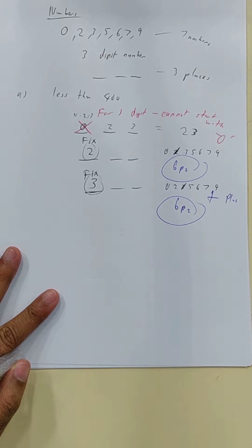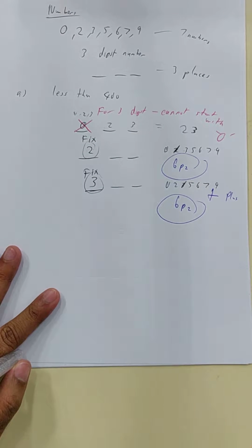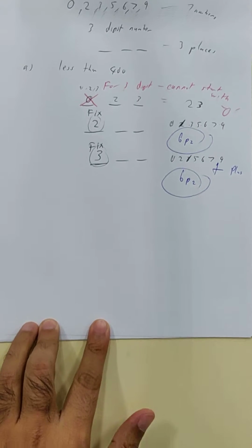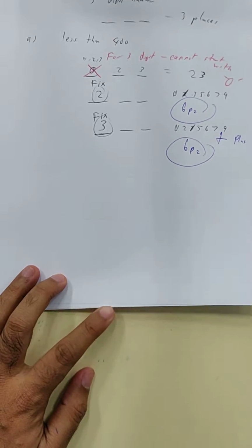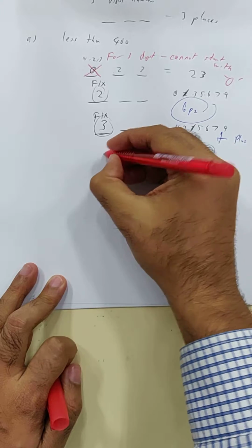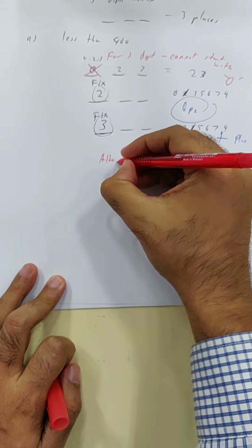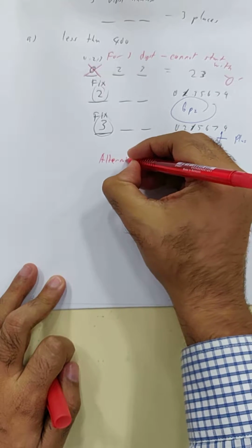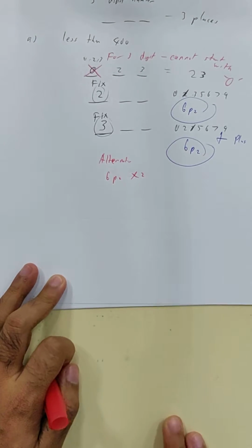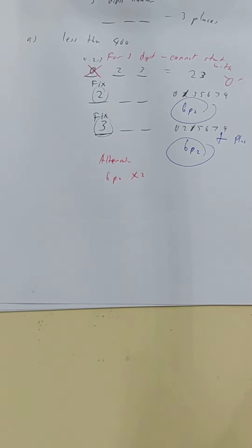So 6P2 plus 6P2, then you get your answers. Or, since I know 6P2 plus 6P2, what's the faster way to calculate? (6P2) times 2. As simple as that.